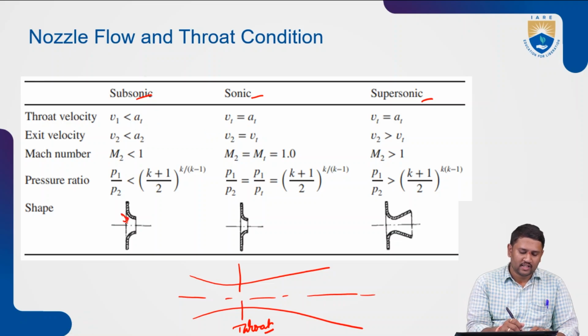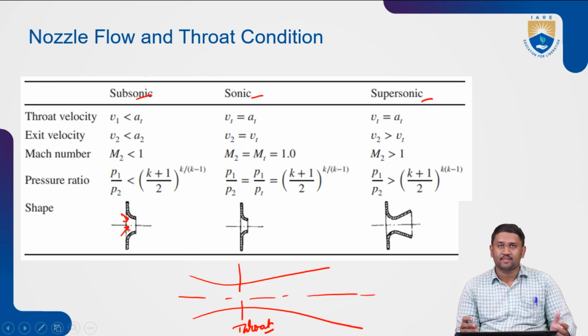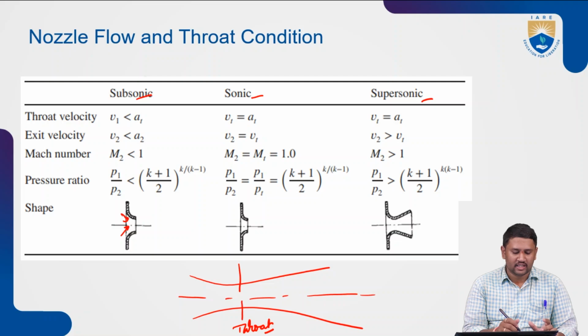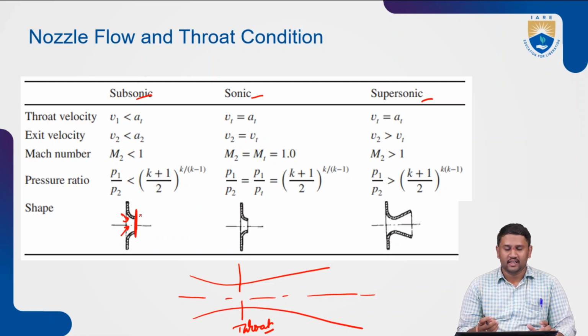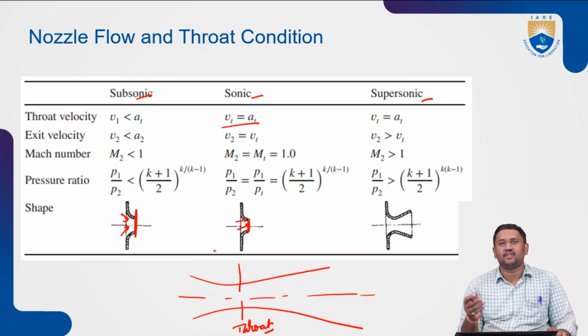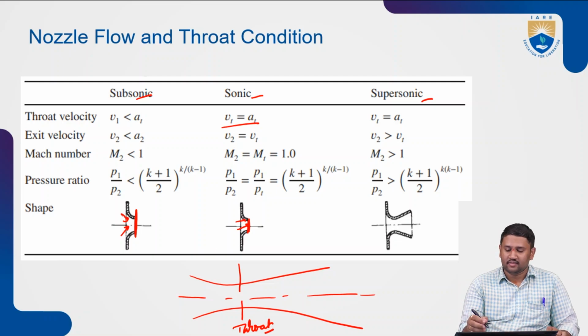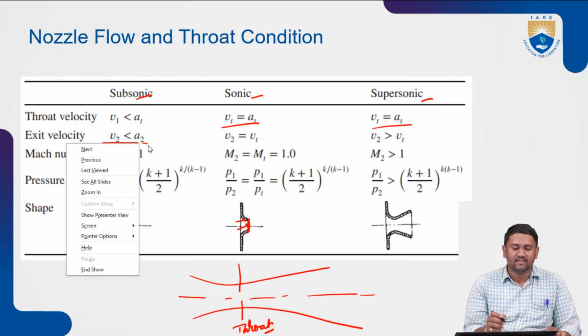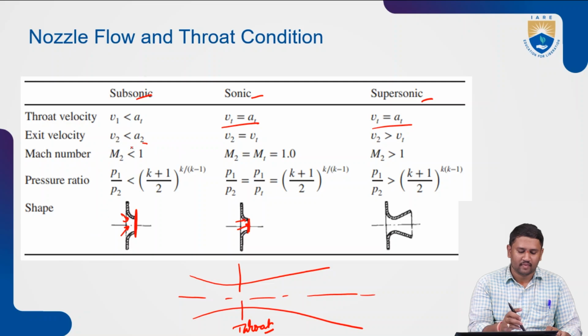The velocity coming from the subsonic nozzle will be less than the velocity that is supposed to be attained at the throat. Similarly, for sonic, it will be equal, because whatever velocity we push through, the same velocity is obtained at the end of the sonic nozzle. Whereas for supersonic, the throat velocity will also be maximum, whereas for the exit velocity, right?